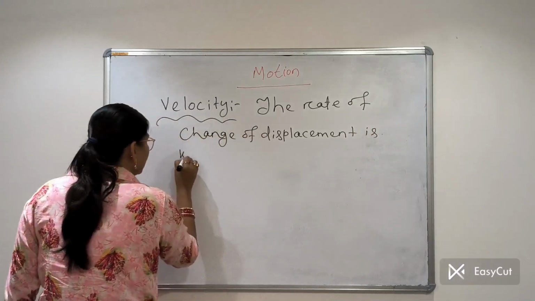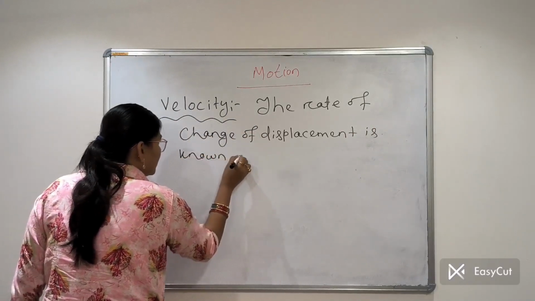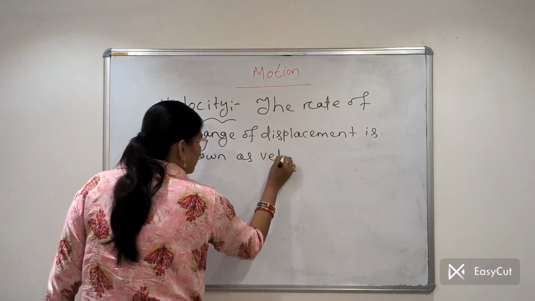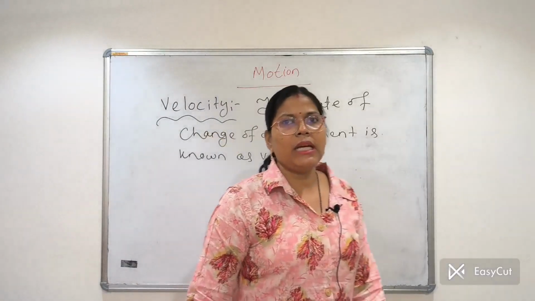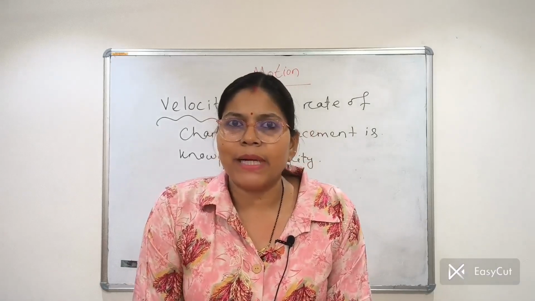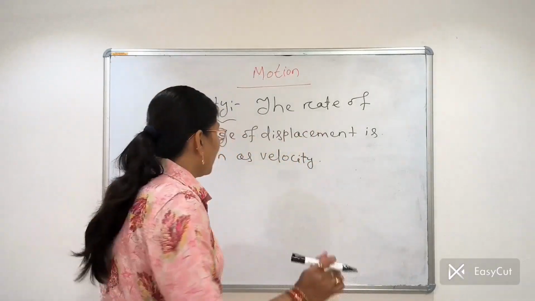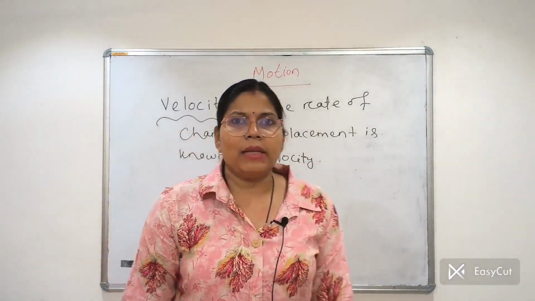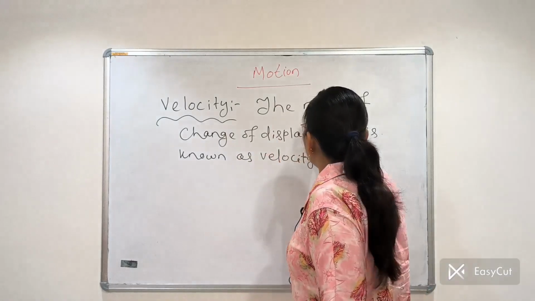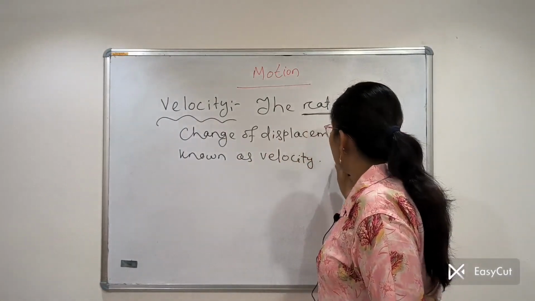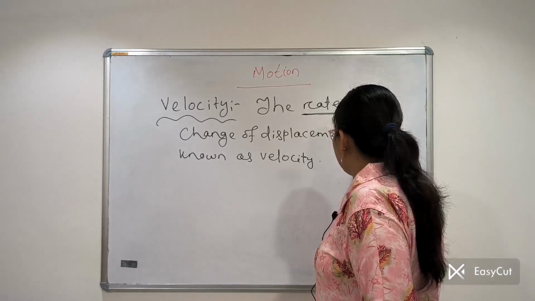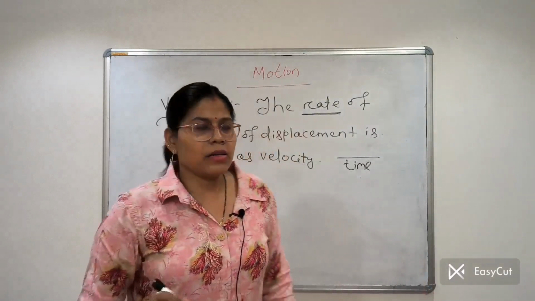What is velocity? The rate of change of displacement is known as velocity. And everybody remember that in physics, when there is the word rate, that means divided by time.